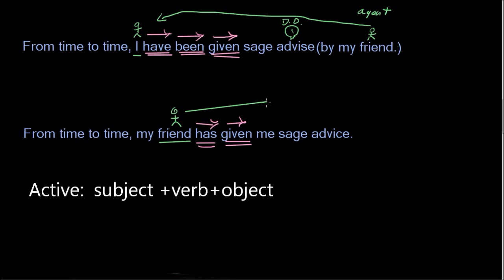Okay, so the friend is the subject, has given, that's simpler by one word, and the friend is now the subject and doing the action, in this case giving advice.